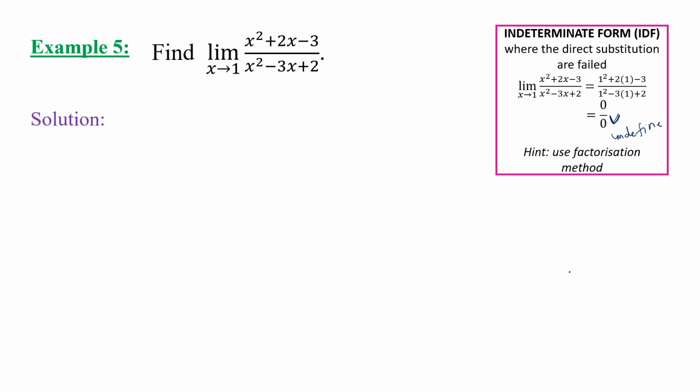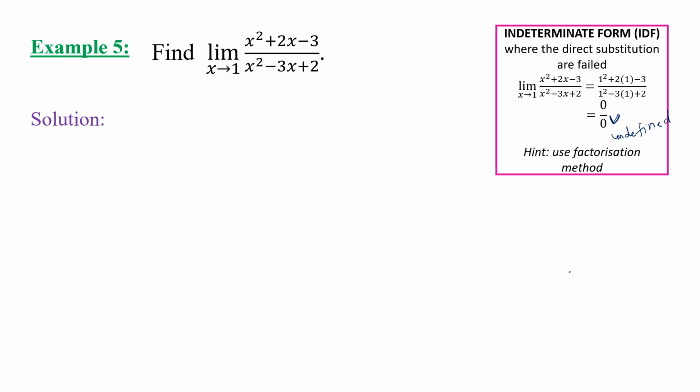But in a limit, we don't want to find the exact value of f(x) when x equals 1. A limit just looks at the behavior of the graph of the function when x is near 1, when x approaches 1. So we must do something for this case. This case we call an indeterminate form, IDF.